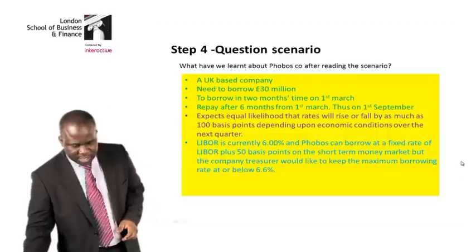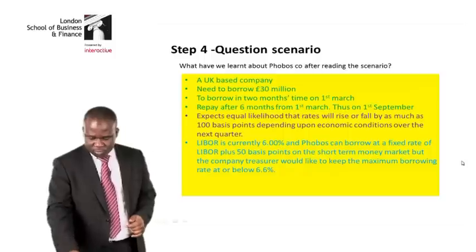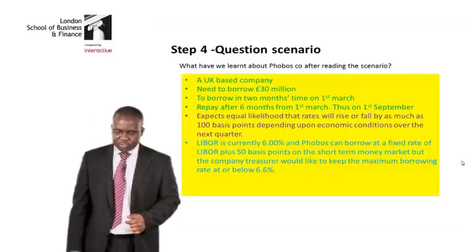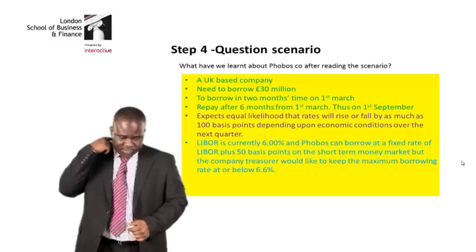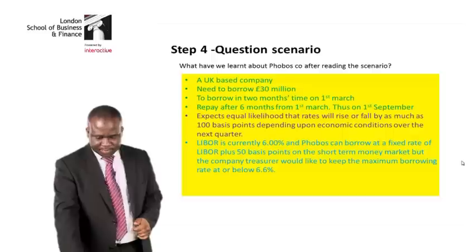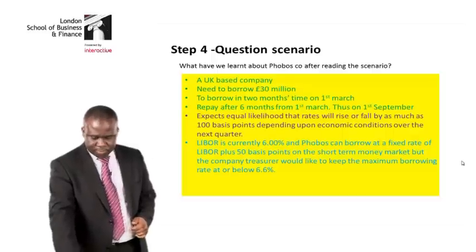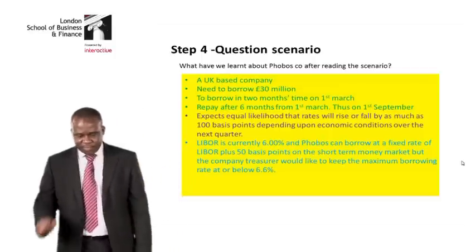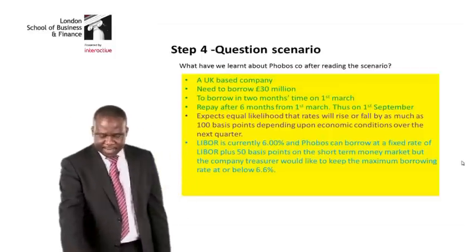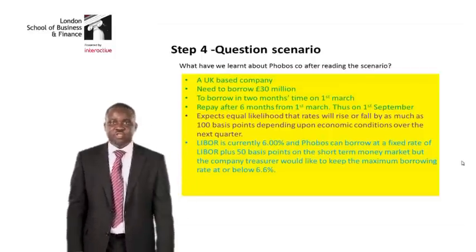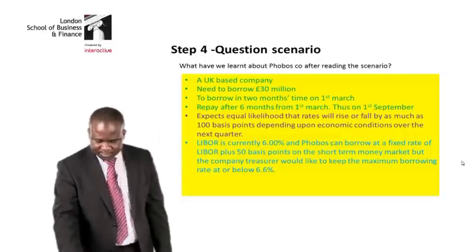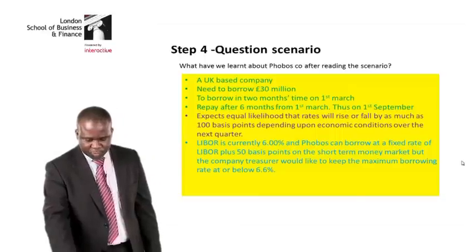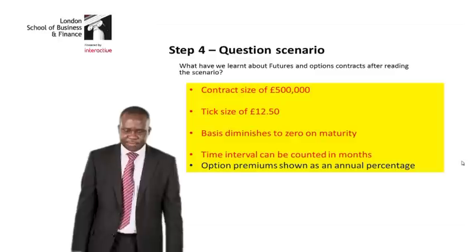Then we expect the basis to fall. There's a likelihood that interest rate will increase or fall. Then LIBOR is 6%. We borrow at LIBOR plus 50 basis points. The maximum interest we want to pay should be around 6.6%. So that is what we've learned from the scenario.